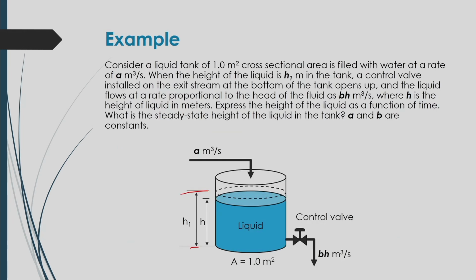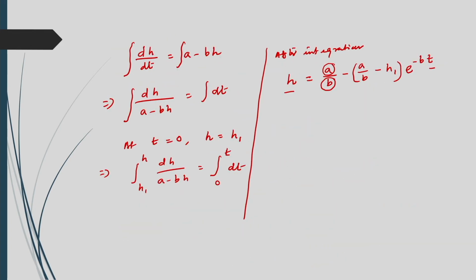Now, the last portion of this problem: what is the steady state height of the liquid in the tank? A and B are constants here. At a steady state condition, we can write that dH by dt will be equal to 0.